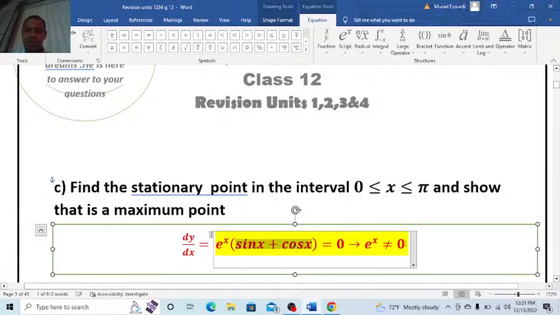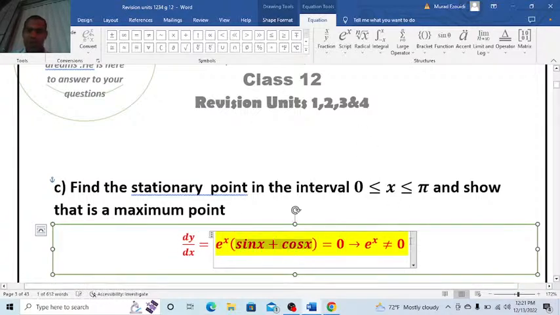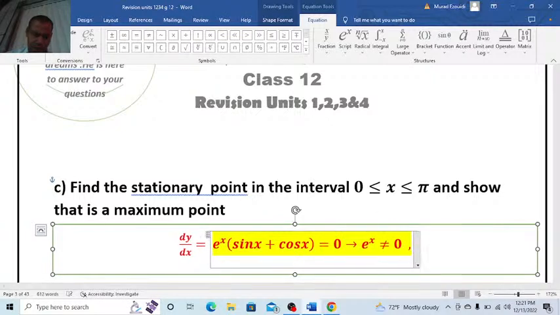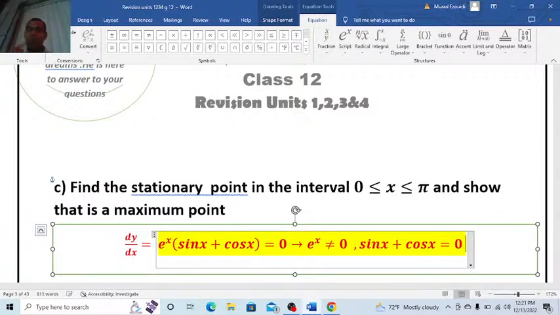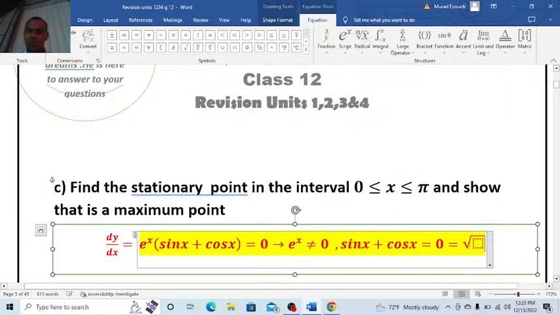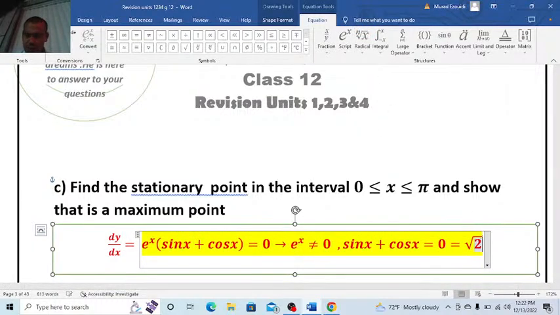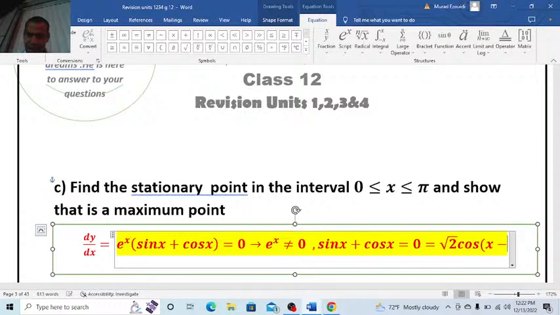Therefore this one is equal to 0. This one, my learners, is in fact equal to the square root of 2 cosine of x minus theta, or alpha, as you like.